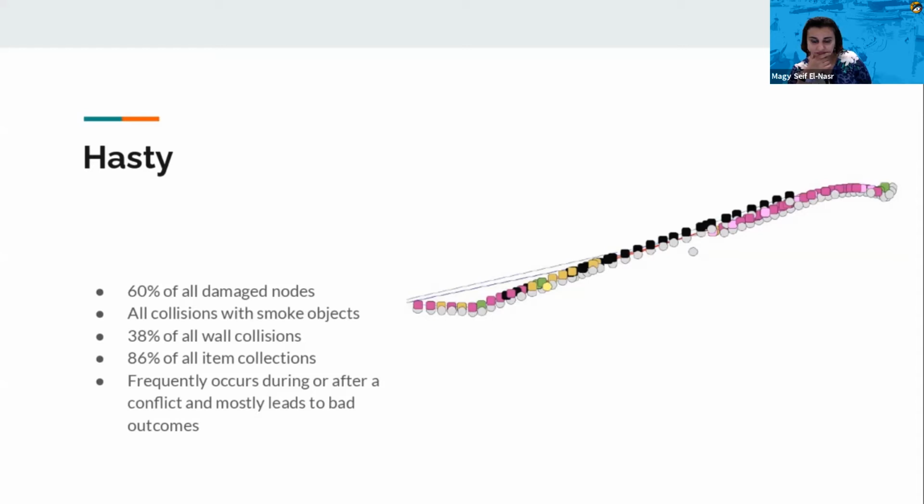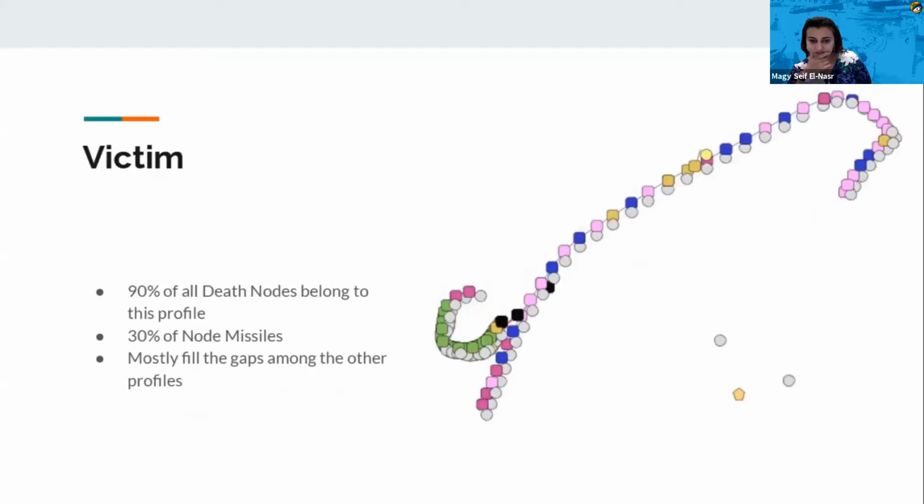In the same figure, the leftmost player eventually becomes hasty, the yellow nodes, and ends up colliding with the trail of a missile, which are the black nodes. Finally, we have the victim, which is a pretty obvious behavior. It contains 90% of all death nodes and 30% of the missile nodes, and it mostly fills the gap among other profiles.